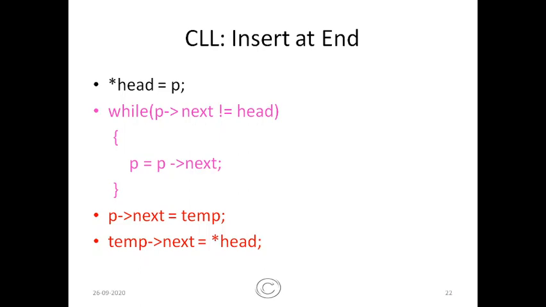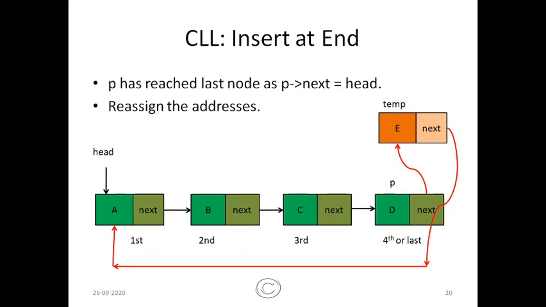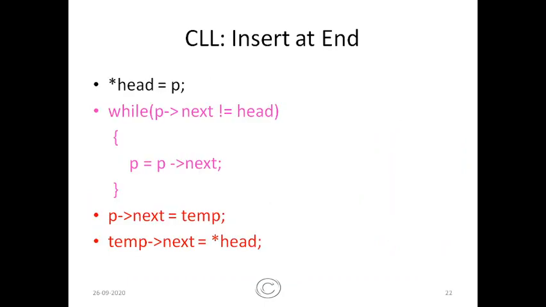After reaching the last node, it will allocate those addresses. p next will be temp, and temp next will be the head address. That's it. So the two red marked statements reassign the links between the last node and the temp node.